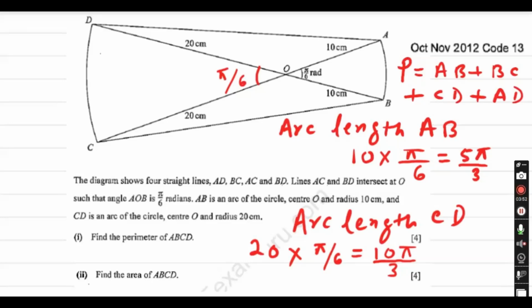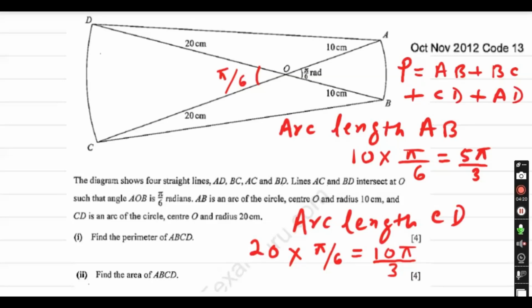Now we have to find the length of AD. How to find the length of AD? If we consider the triangle AOD and apply the cosine rule on this triangle, it will give you the length of AD. But before I apply the cosine rule, we must have the angle AOD.